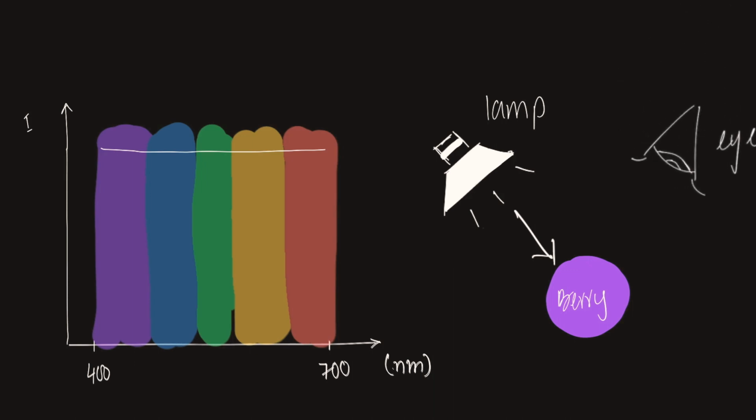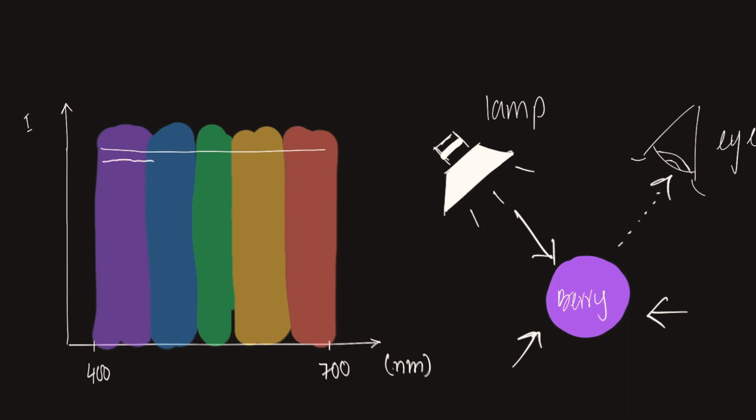This is because most of the light is absorbed into the berry and some of the light is reflected back right into the eye. So if I see it as purple right now, that means most of the purple light got reflected back. If I draw its diagram, this is the light that was reflected back.